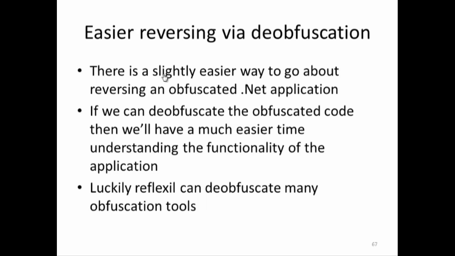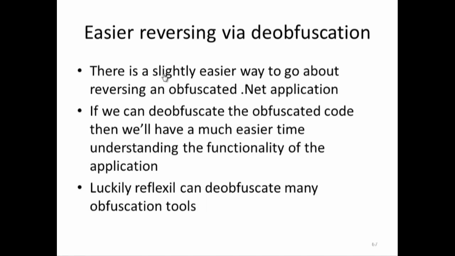So not only will it allow us to follow the code from one class to another, from one code block to another, but it may also add easy context. So the developer may say, hey, this is the check password box. Things like that will make it easier to reverse. And then at that point, you're really just reading code, right? So that's the ultimate goal. The ultimate goal is to be able to just read code and figure out what it's doing.